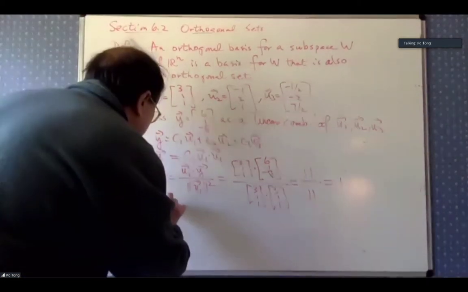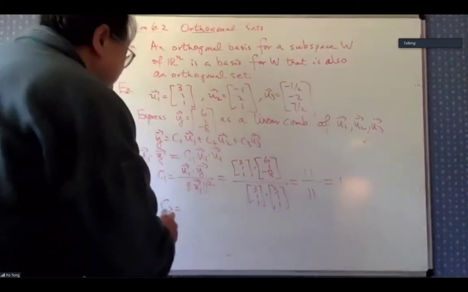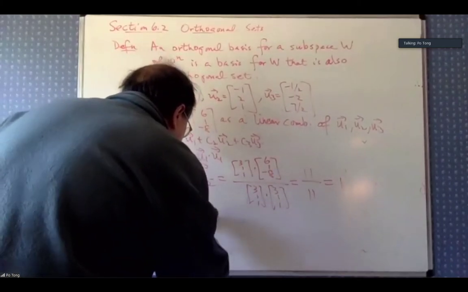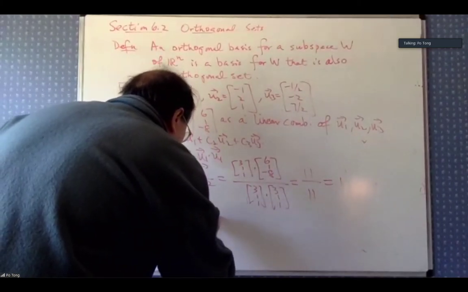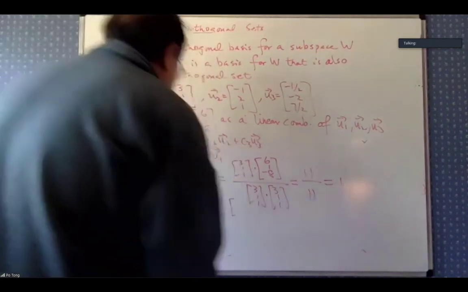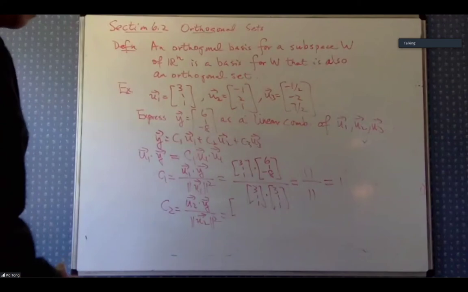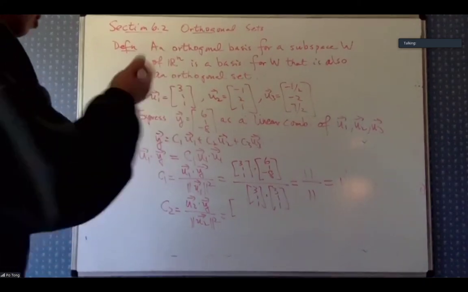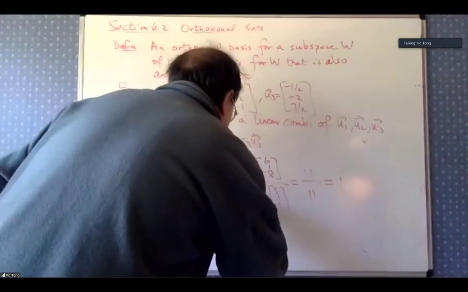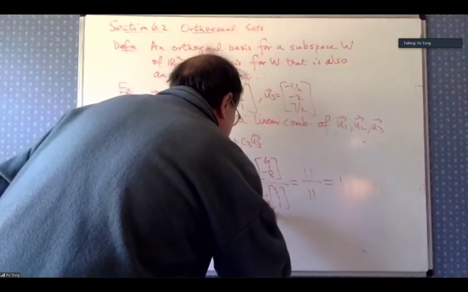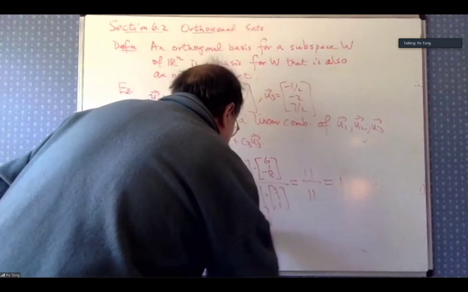So C2 will be U2 dot Y over the norm of U2 squared. U2 minus 1, 1, dot 6, 1, minus 8.